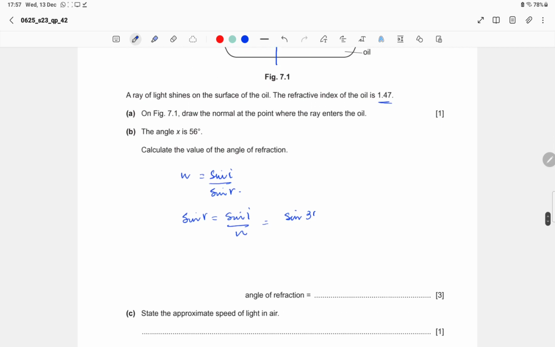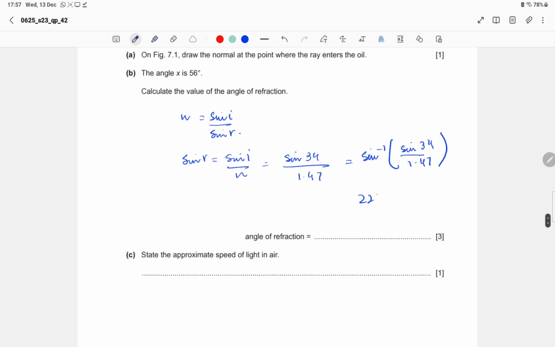So sine 34 over 1.47, this is the refractive index. If you do this on the calculator, you will get your required answer, which is 22 degrees.